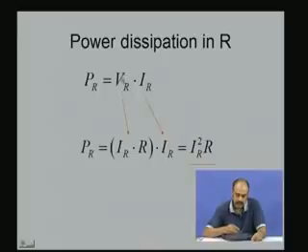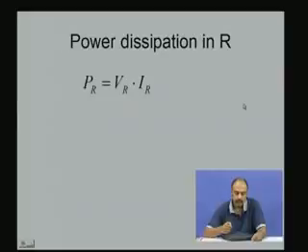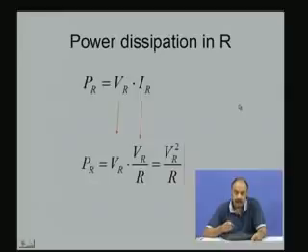Now, this V, by Ohm's law, can be written as I into R, current into R, and with the further component of current this is equal to I square R. So the equation for the power is I square R. The power dissipation can also be written with I as VR by R, as we saw earlier in the governing equations.